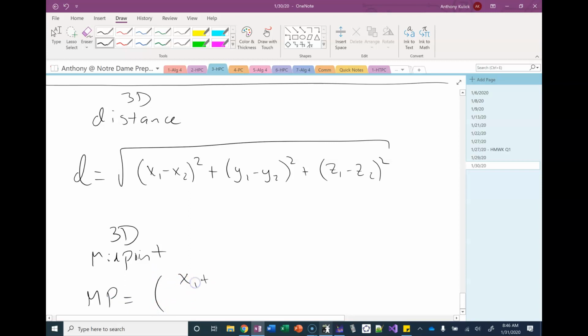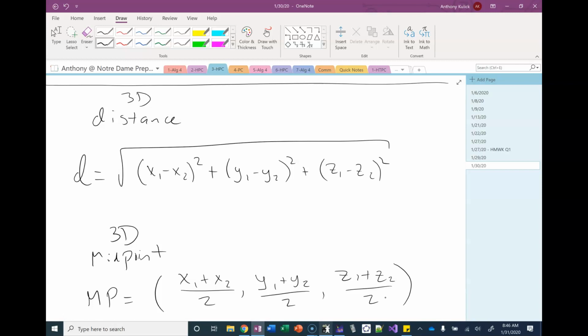For the midpoint in 2 dimensions, the formula is this. To turn it into the 3-dimensional version, we just do the same thing for the z component. Is that okay with everybody? It should be easy to remember. If you remember the 2-dimensional version, you can remember the 3-dimensional one because it's still the same thing going on.